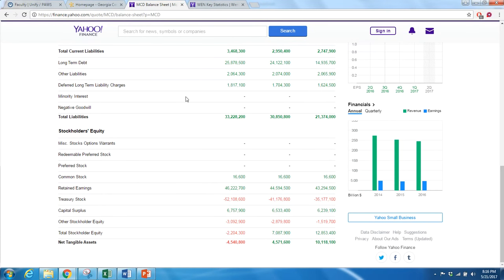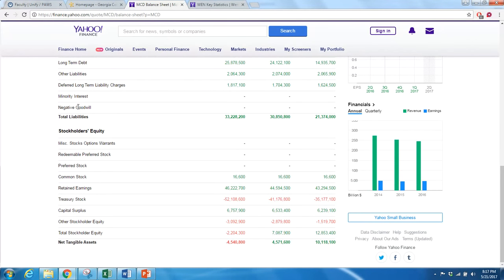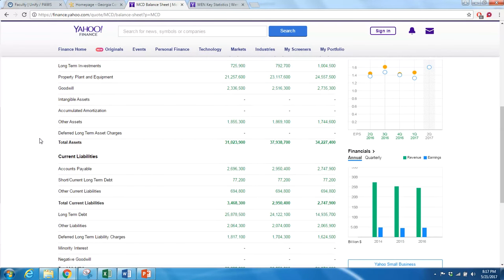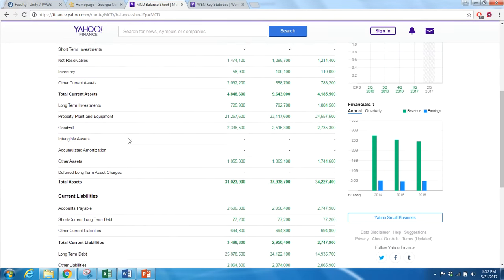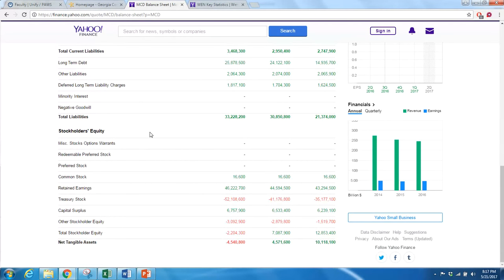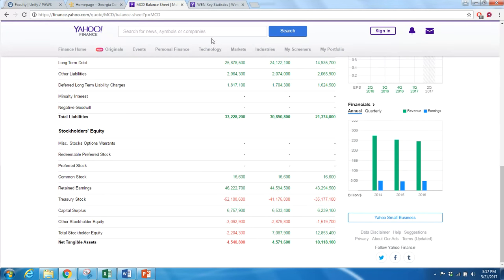Technically, what this means is if the company went under, stockholders would have to pay to settle the bill for McDonald's because the assets minus liabilities don't balance. So McDonald's doesn't look too healthy when it comes to debt to equity ratio.